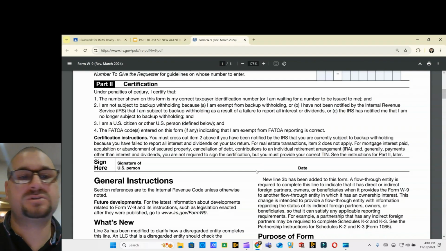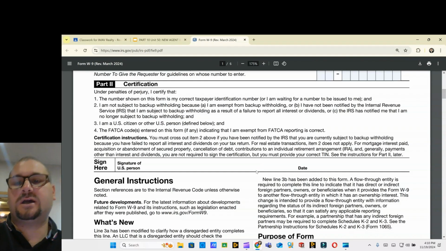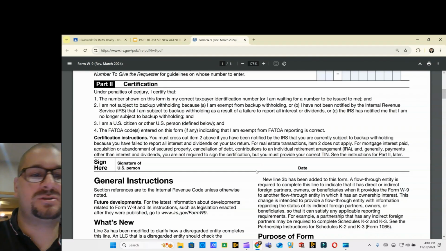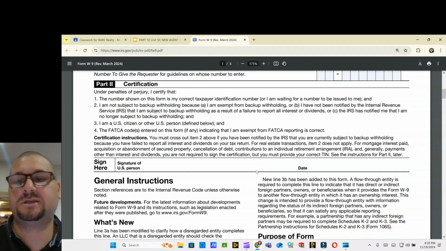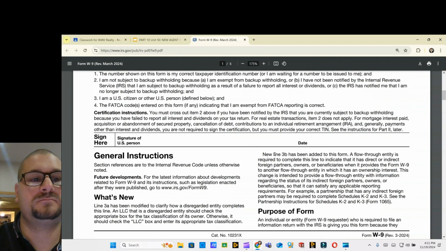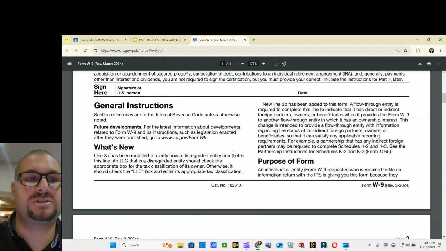For mortgage interest paid, acquisition or abandonment of secured property, cancellation of debt, contributions to an individual retirement arrangement (IRA), and generally payments other than interest and dividends, you are not required to sign the certification, but you must provide your correct TIN. Okay, so you're going to sign there and date there.